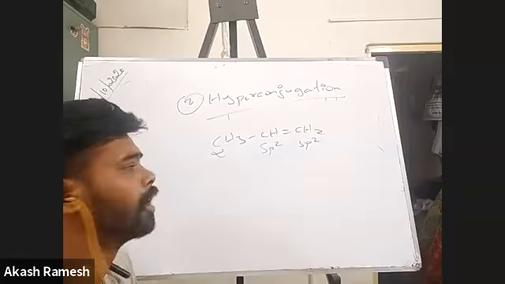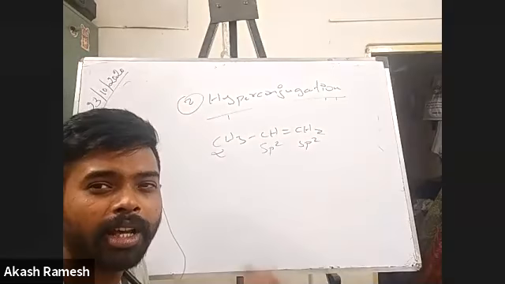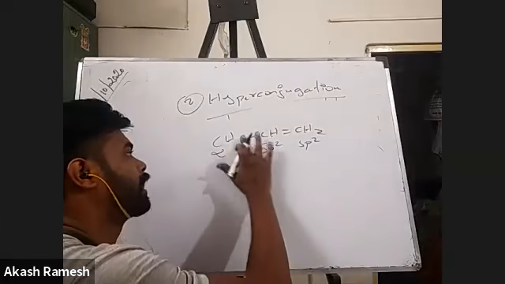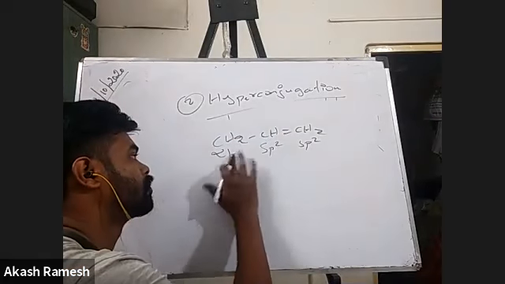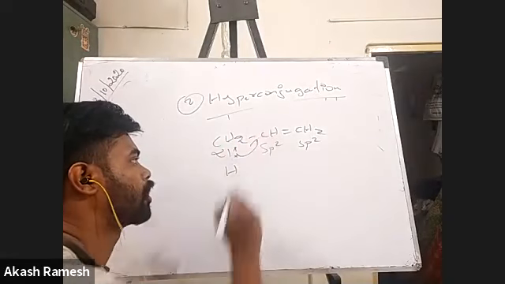Now, how will I write the hyperconjugating structures, just like you wrote last time? Let me write it like this: CH2, H. Now I have these two electrons, and they are going to go there.